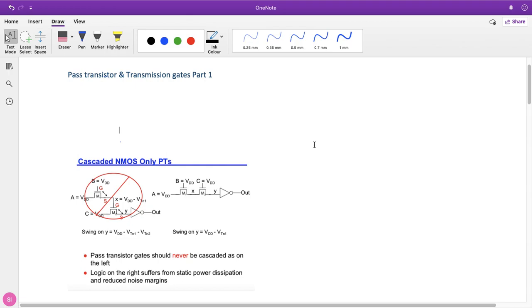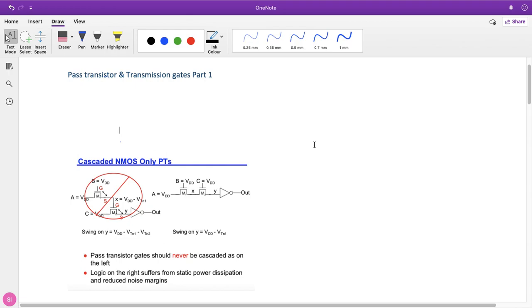The pass transistor and transmission gates are introduced to help with large scale integrations on chip. Therefore, to minimize the area, the pass transistor or transmission gates could replace the CMOS complementary cell.